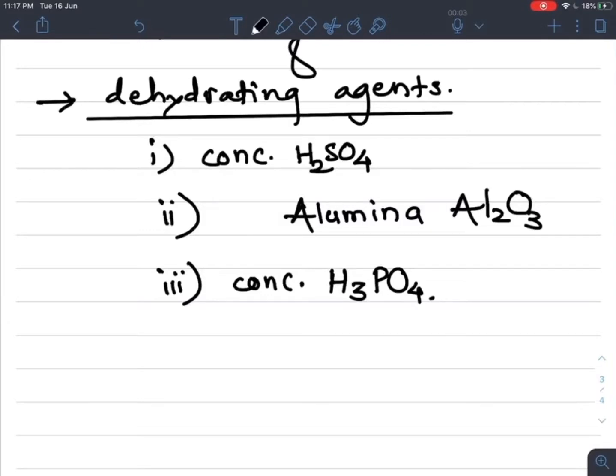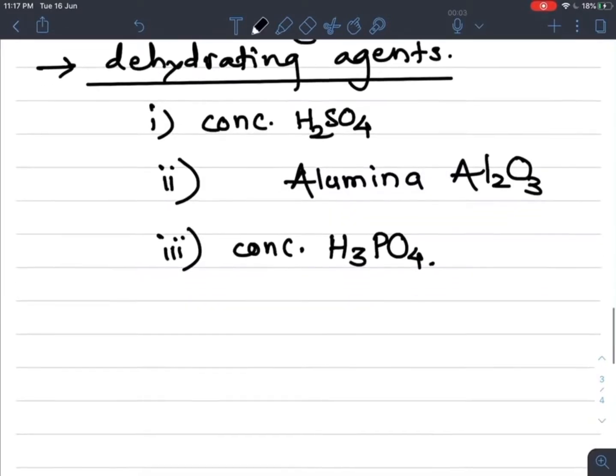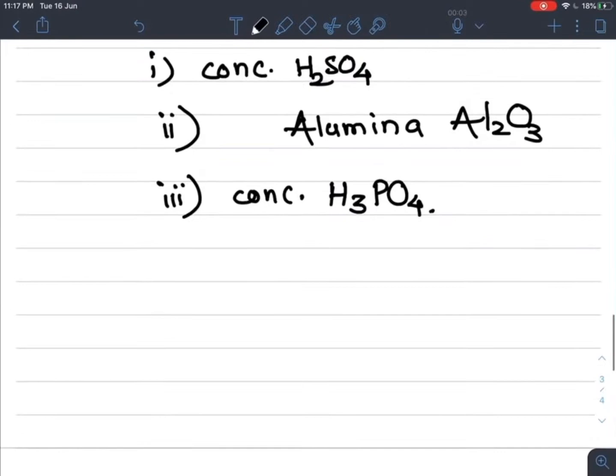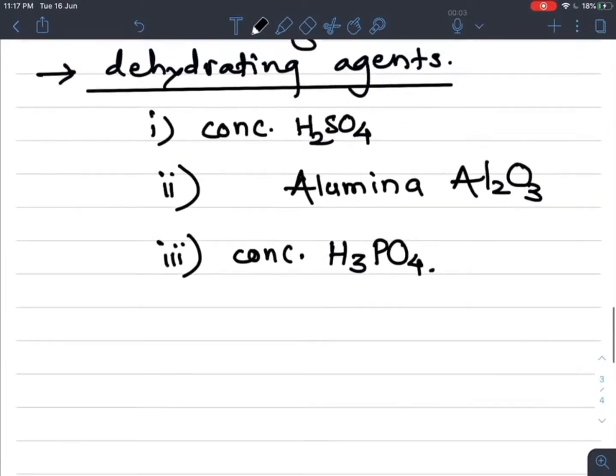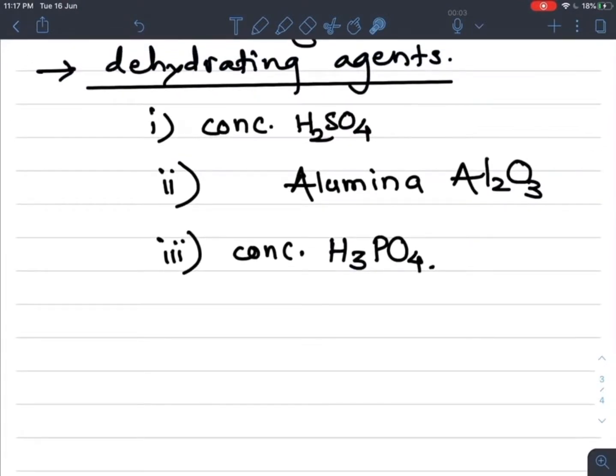So what is dehydration? Let's see. Dehydration means when these dehydrating agents come in contact with any object. Suppose concentrated H2SO4 is a burning reagent, means on sugar, if we put concentrated H2SO4, then we get carbon.